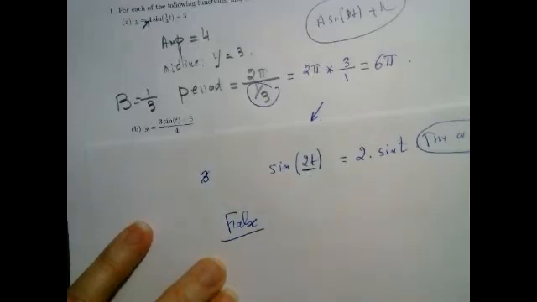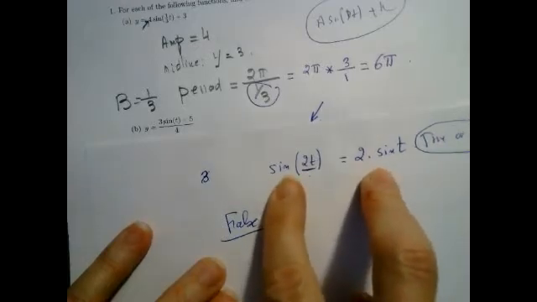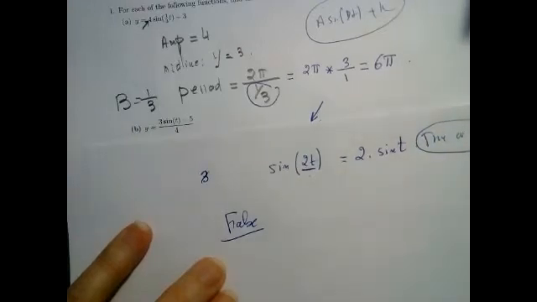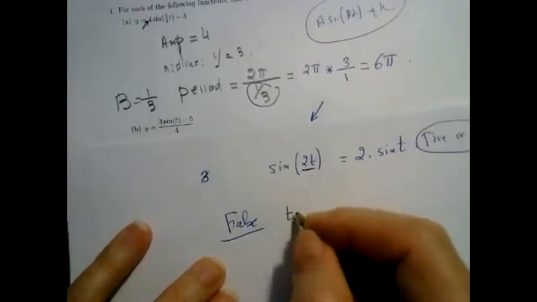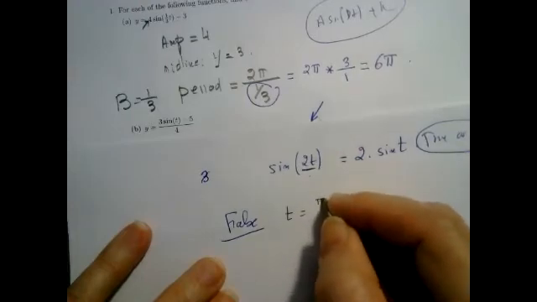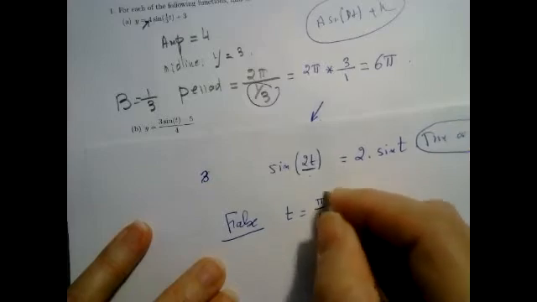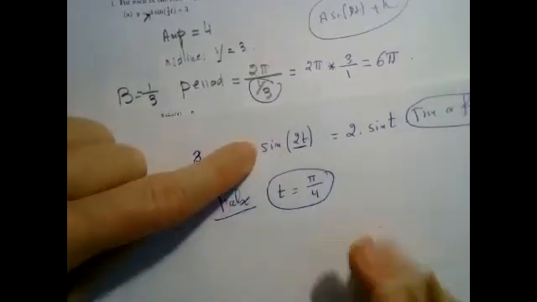Or another way you can see, what does it mean for those to be equal? It means I take the same value for each value of t. So suppose I take t to be, let us say, pi over 4. Will this take the same value?